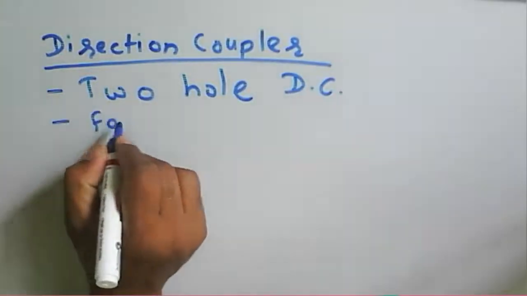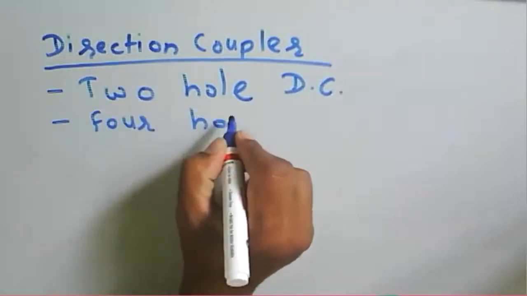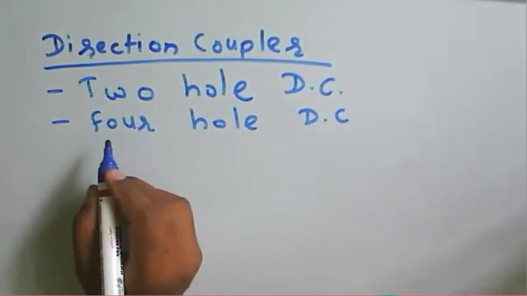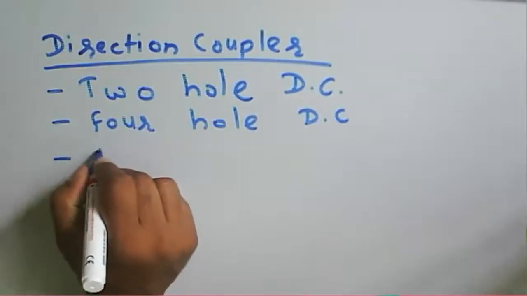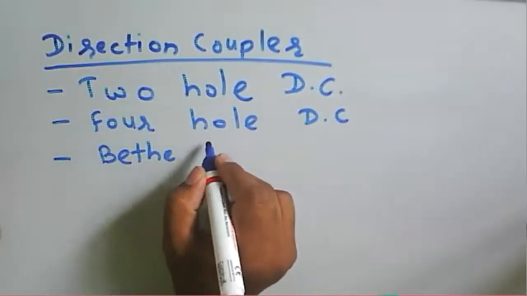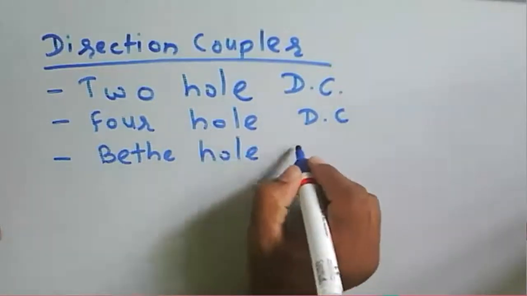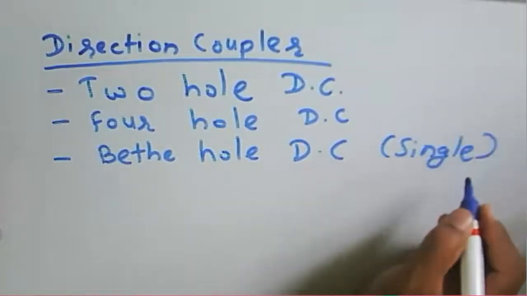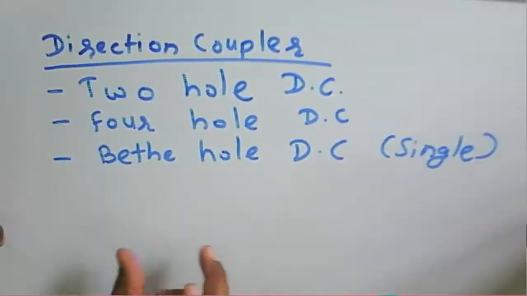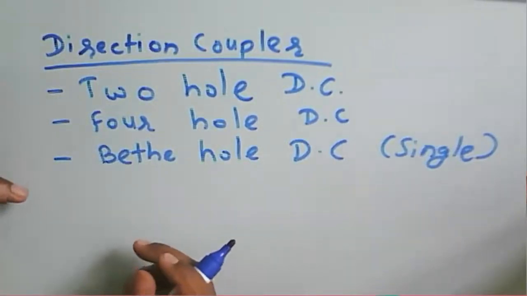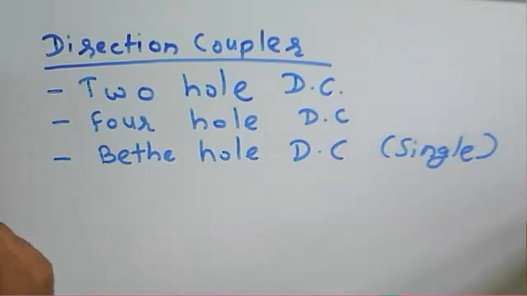If it has four holes, it is called a four hole directional coupler. Another one is the Bethe-hole directional coupler, which has a single hole.